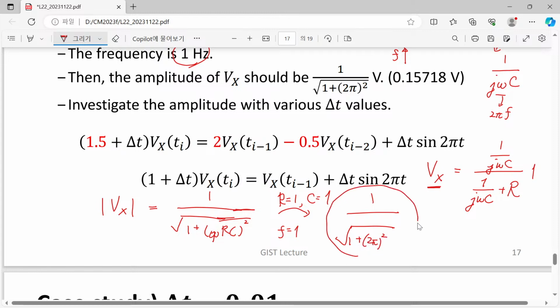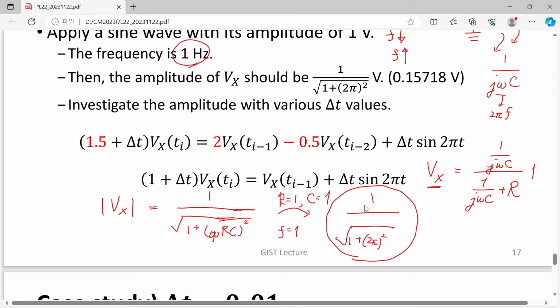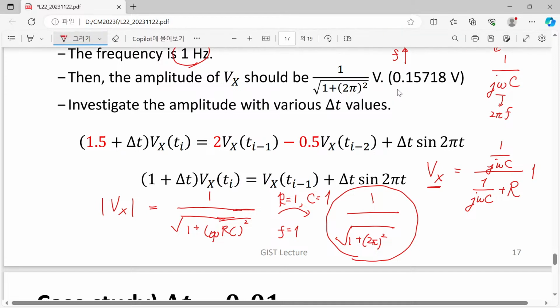This will be the amplitude of our V sub x when the transient effect is all gone and it becomes stabilized. Its value is about 0.15 or so.